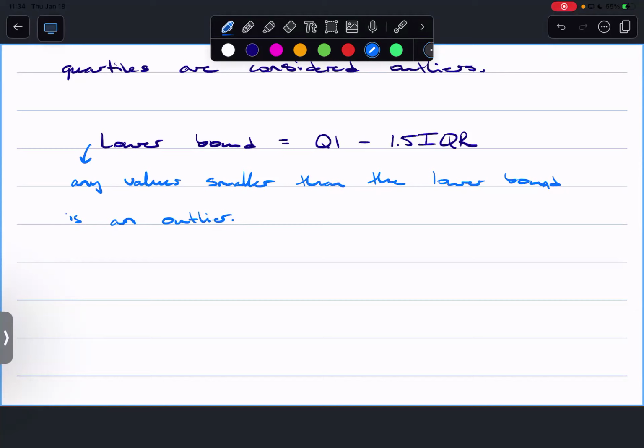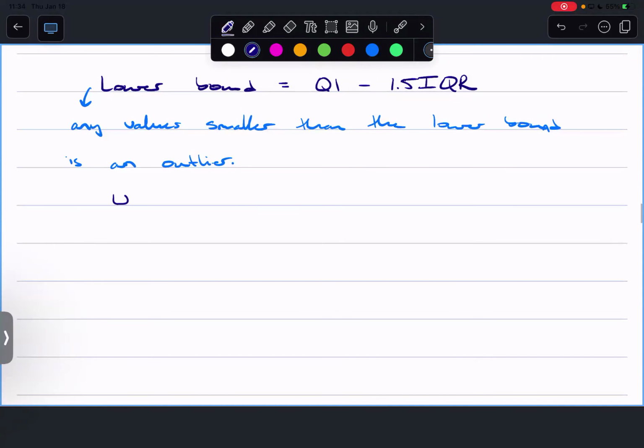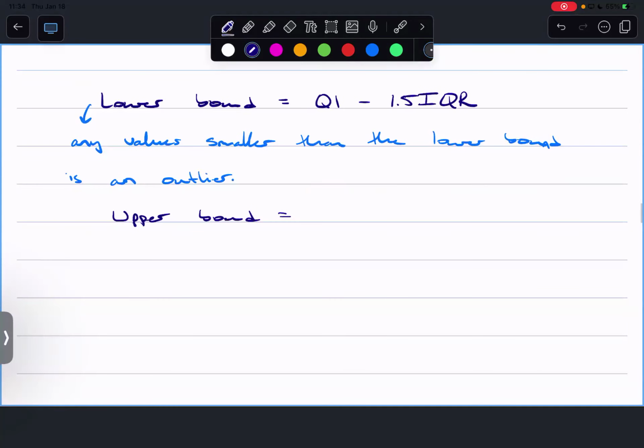How about the upper bound? We already developed it. Sometimes it's called the fence, but I call them bounds. I'll add it here though in case you're reading something else and it says fence.